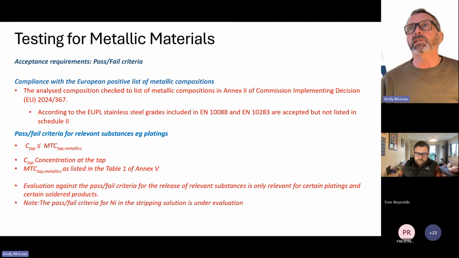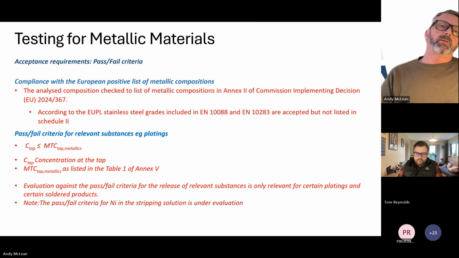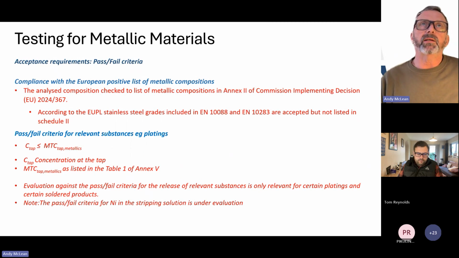The reason for all those details is to single out if there are going to be any relevant substances that might be retained in the product that could cause contamination of the water. So that's the metallic check, which is, to be fair, fairly straightforward. If you're on the list, you're okay, and just be wary of your platings. I think that's what it comes down to. So that's the straightforward one.